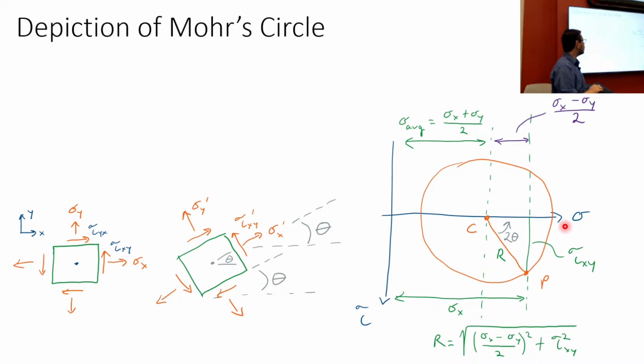In Mohr's circle world, we have a horizontal axis that's a sigma, and we have a tau. Now, this is the peculiar thing. Tau positive is down. Yeah, that's annoying, right? So tau positive is down. We will talk about why this is in a little bit.